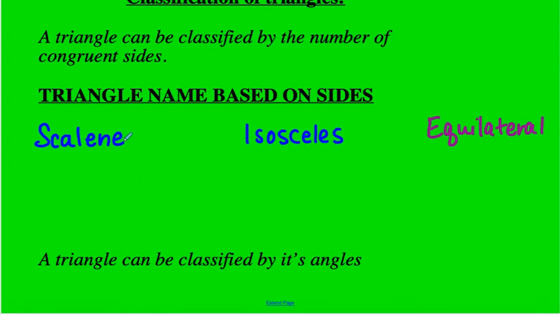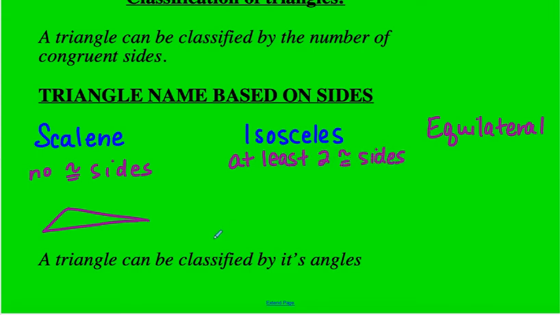Okay. All right. Well, a scalene triangle has no congruent sides, so no equal sides. It's going to look something like maybe that. An isosceles triangle has at least two congruent sides. Now, we've talked about this one a lot.